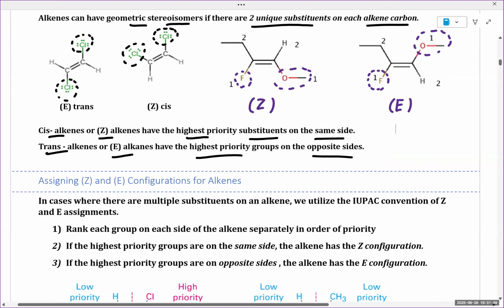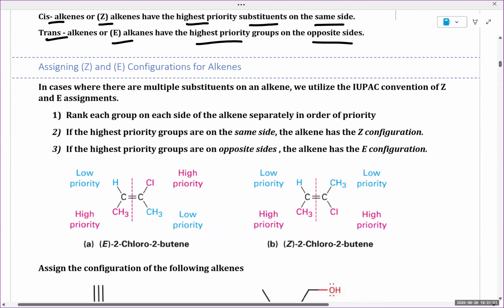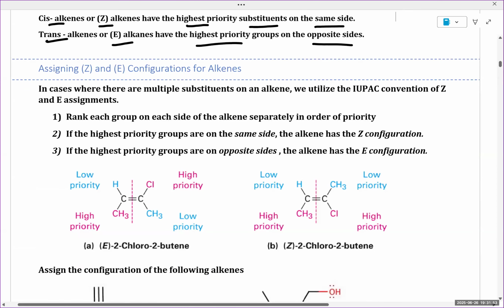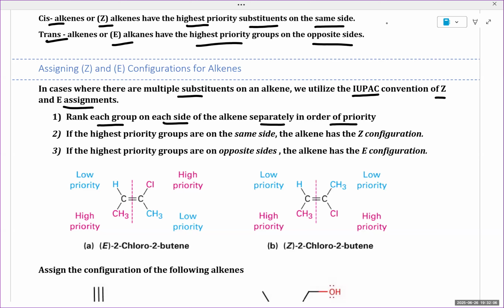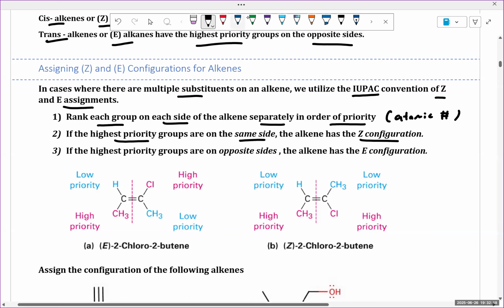Now, in terms of assigning Z and E configurations for alkenes, in cases where there are multiple substituents, we're going to utilize the IUPAC convention for Z and E assignments. In this method, you rank each group on each side of the alkene separately in order of priority. Priority, remember, is based on atomic number. If the highest priority groups are on the same side, the alkene has a Z configuration.